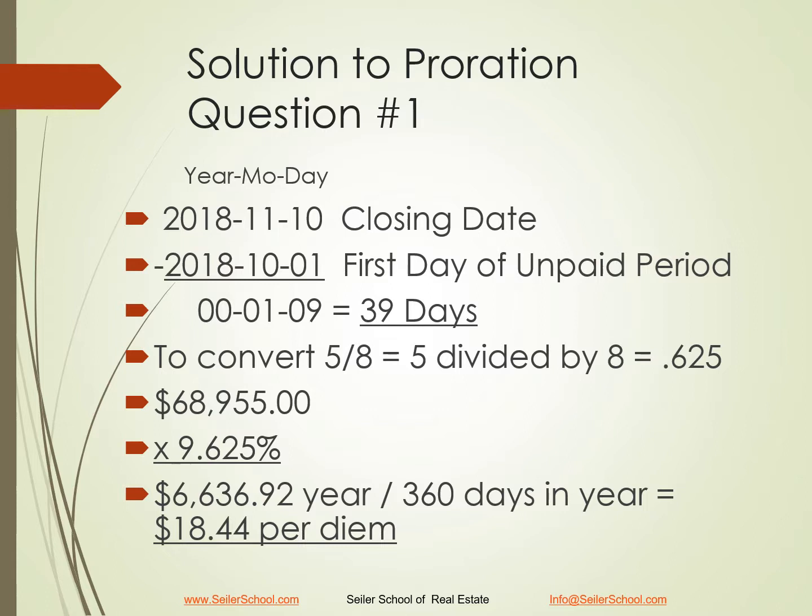We end up with $18.44 per diem, or per day. We take $18.44 times the 39 days that we need to prorate, and we come up with an answer that should be reasonably close to selection C, which is $719.16. Did you follow that?